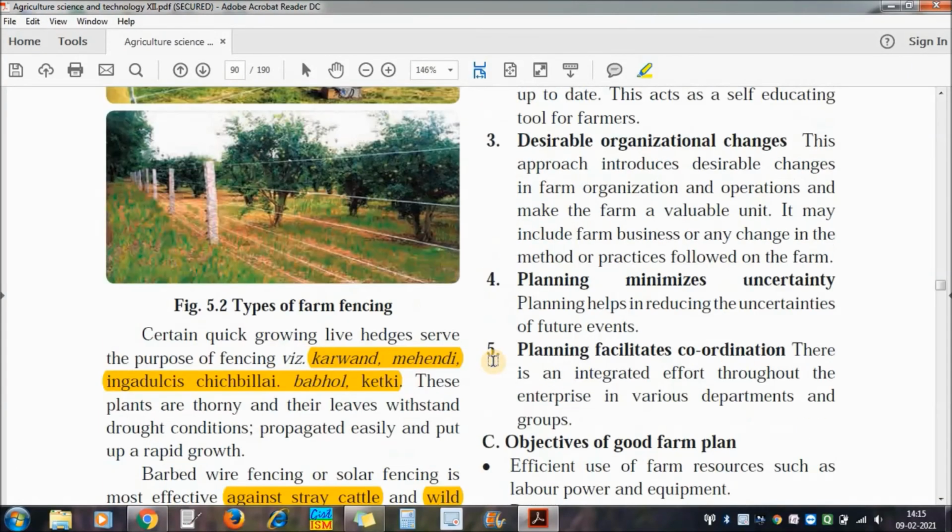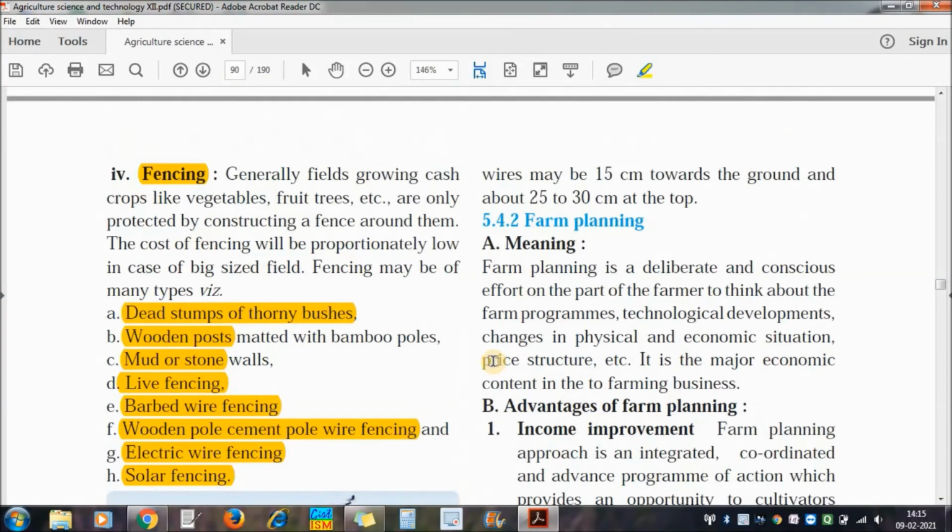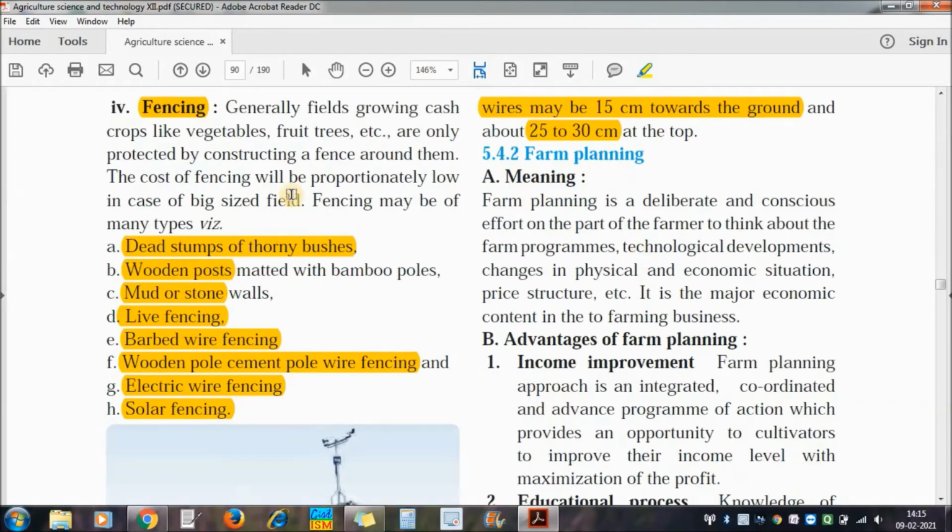Vertical distance is also to be considered. The lowest wire may be 15 centimeter from the ground level, the poles should be at least 30 centimeter deep, and nowadays the poles are erected at least 4 feet above the soil level.